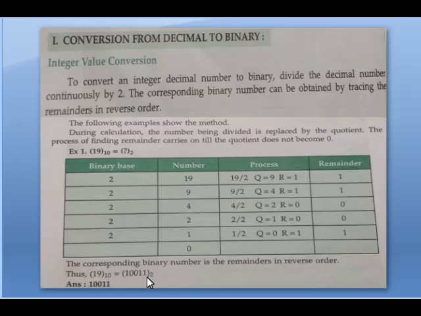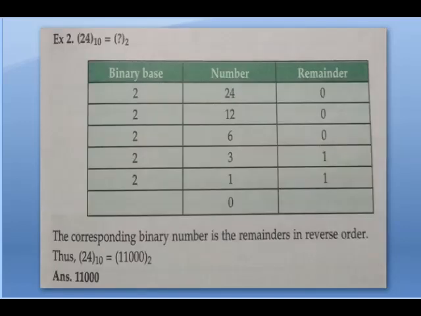So students, this is the second example. We are going to find the binary equivalent of the decimal number 24. The base is 10, so it is a decimal number. 24 upon 2, the quotient is 12 and the remainder is 0. Again the quotient 12 upon 2, the remainder is 0 and the quotient is 6.